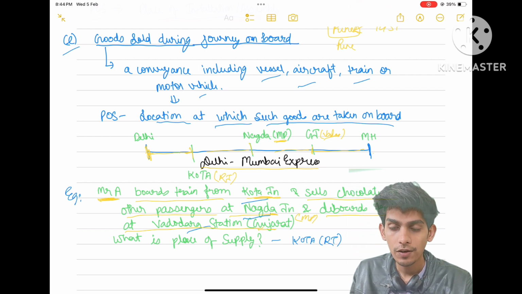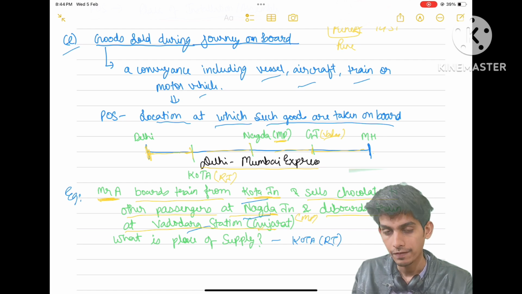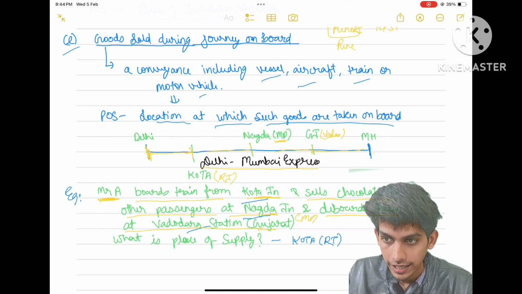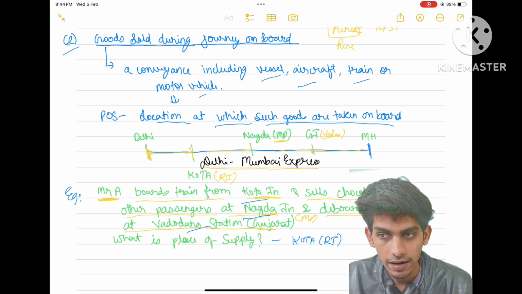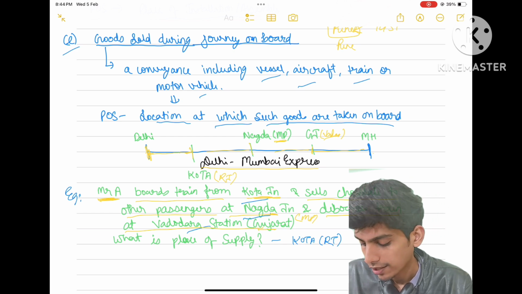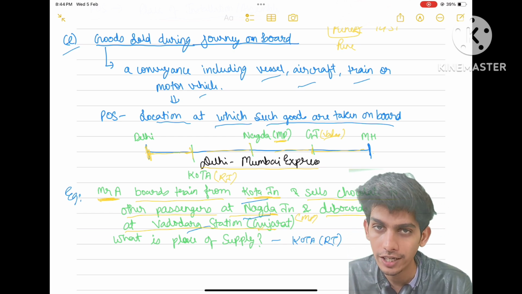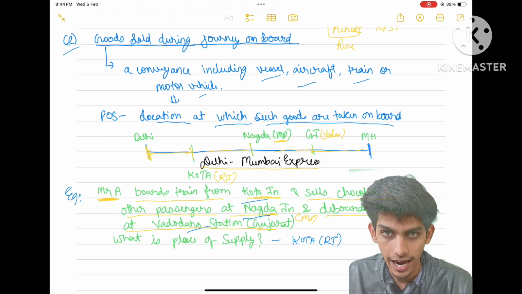So law says the place of supply will be the location at which goods are taken on board, where they are loaded into the train, where they are carried from outside into the train, inside the aircraft, inside the vessel, as the case may be. So Mr. A boarded the train from Kota, so he took goods from outside the train to inside at Kota.